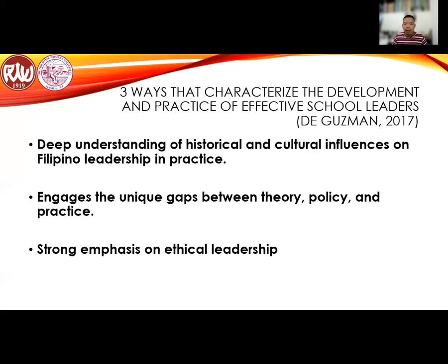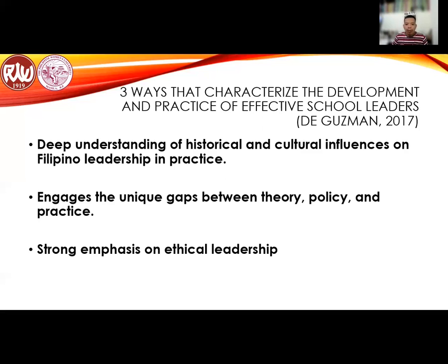Rather than accepting concepts from the West, the Philippines will best be served by developing indigenous forms of educational leadership that are informed by external ideas but rooted in Filipino values.